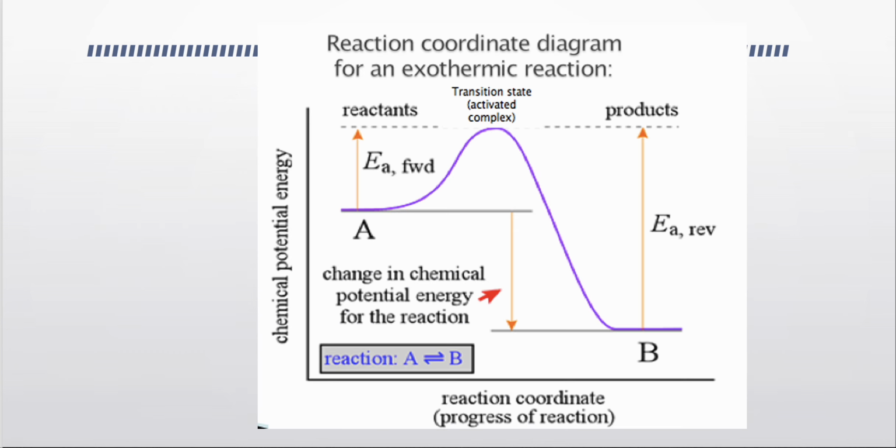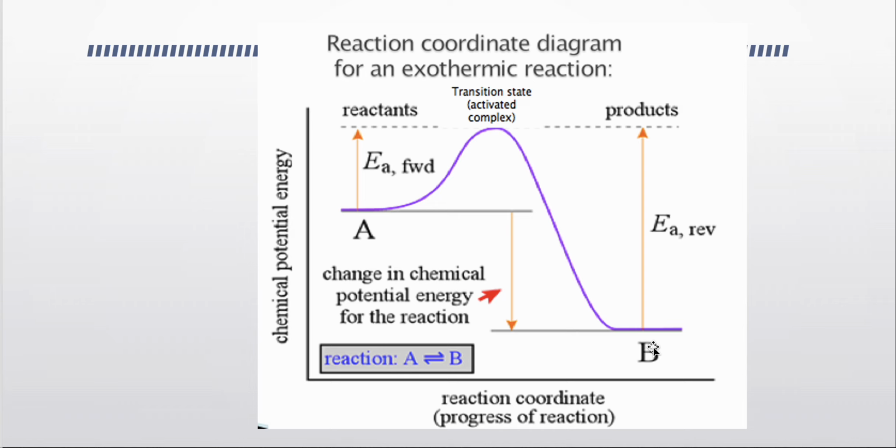Here's an example of an exothermic reaction where we have our reactants in the beginning, our products at the end. So you can see here's your activation energy in the forward direction, A turning into B. And this activation energy mountain is relatively small compared to the reverse direction where B is turning into A. That mountain is taller.